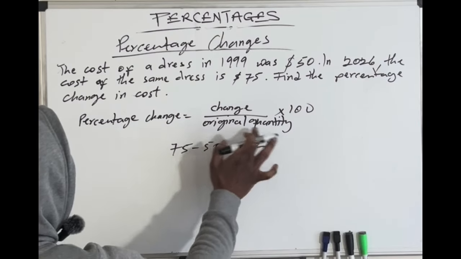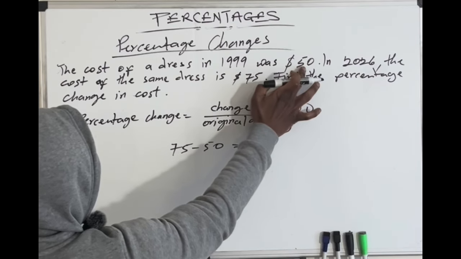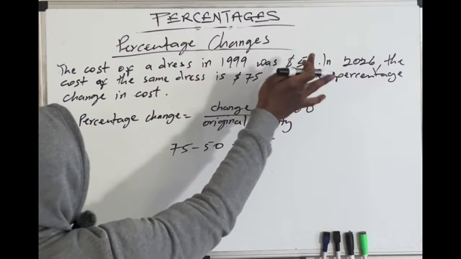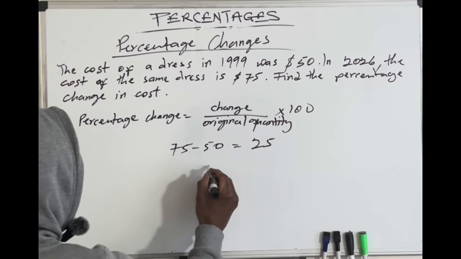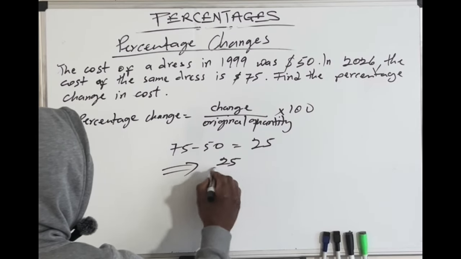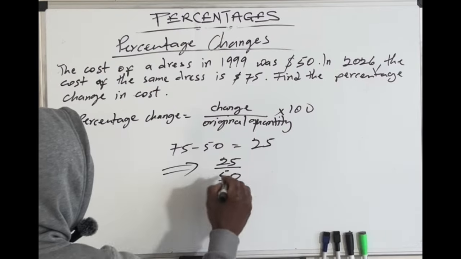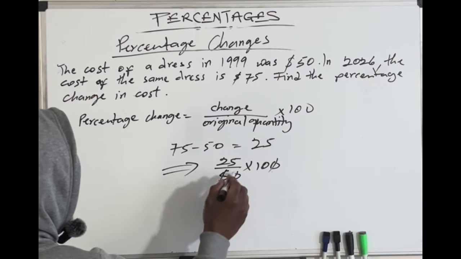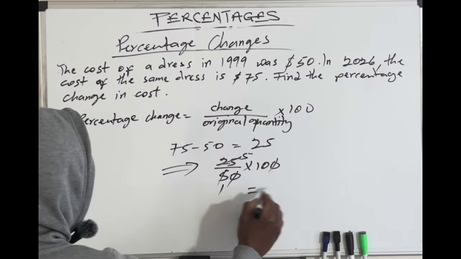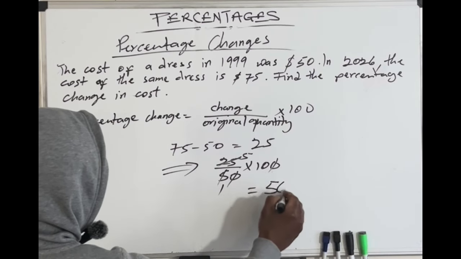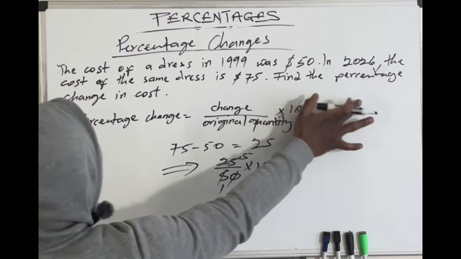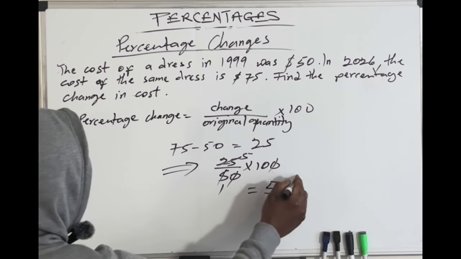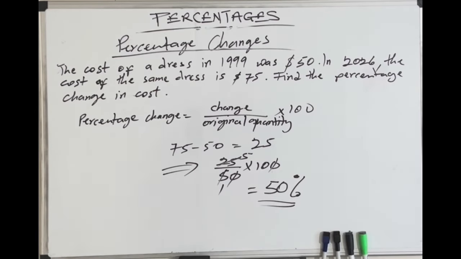And then the original price will be 50, because it kept on changing and then it got to 75. So now we have 25, which is the change, over the original, over 50 times 100. This zero cancels this zero, 5 goes here, 1 goes here. So 5 times 10 is 50. Now it said find the percentage change in cost. So the percentage change is 50%.